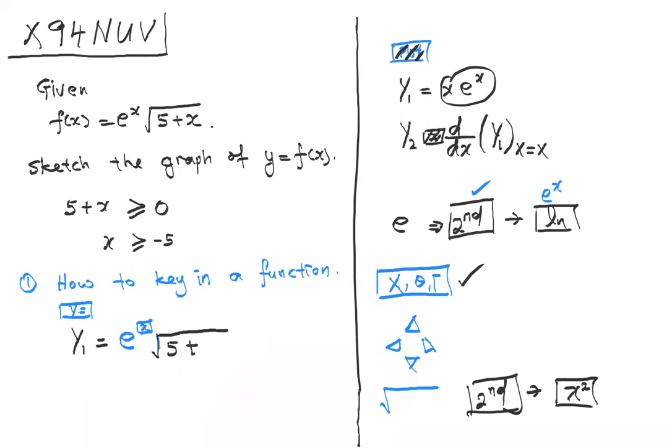Alpha, this is for X. Are you okay? So X. Okay, so everyone, from today onward, you should know how to key in the function, correct? So that is how you key in. Are you okay? Yes.